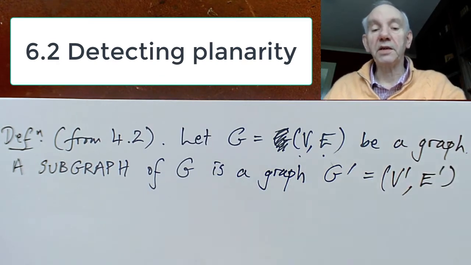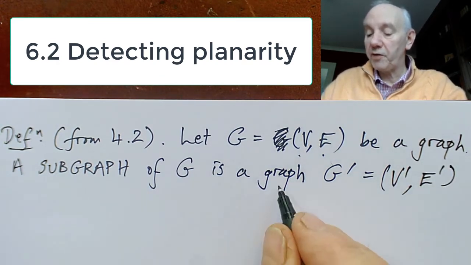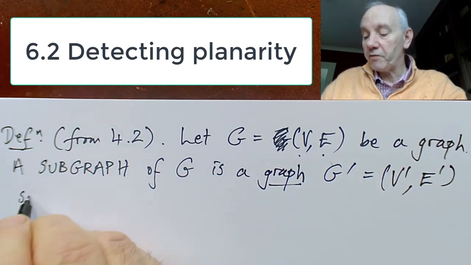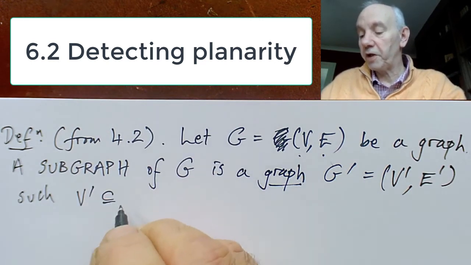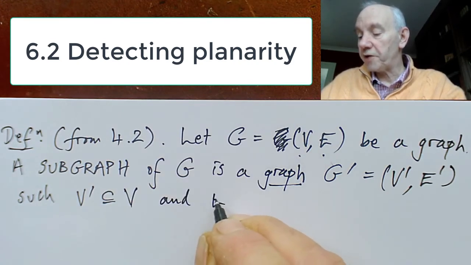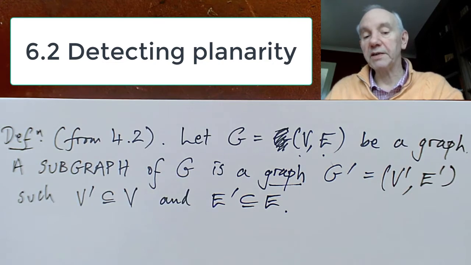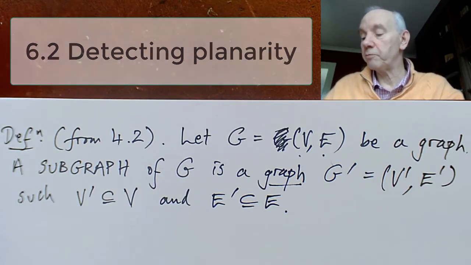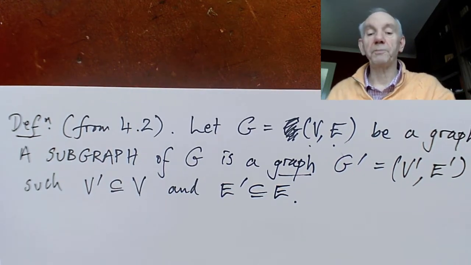And having said that G primed is a graph, all I have to say at this point is that the vertex set V primed is a subset, possibly equal to V, and the set of edges is a subset of E. Unless there are isolated vertices, if we took E prime to equal E, we'd get the same graph. So typically, E prime is a proper subset of E.